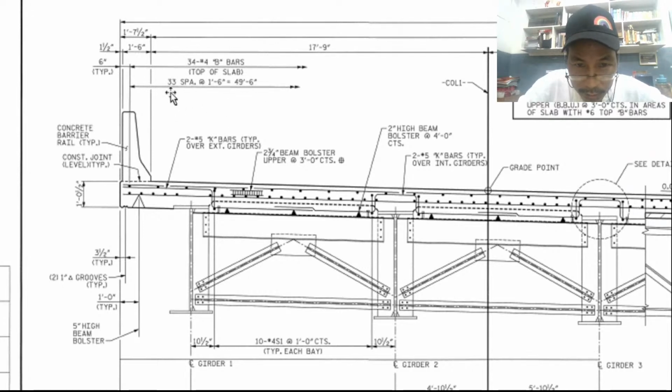So we have what? Next to it is 33 spacing. ISPA meaning spacing. 33 spacing at 1 foot 6 inches. Okay? So 1 foot 6 inches, so times 33, that is equal to 49. That is what we mean by that. So we can use our calculator. Use your calculator. Okay.